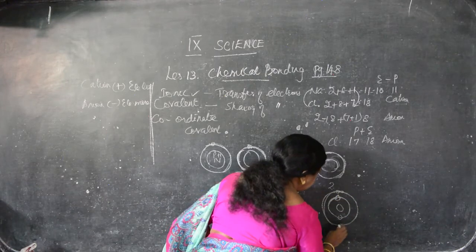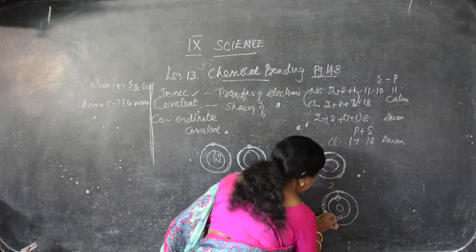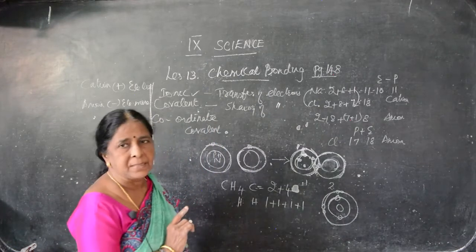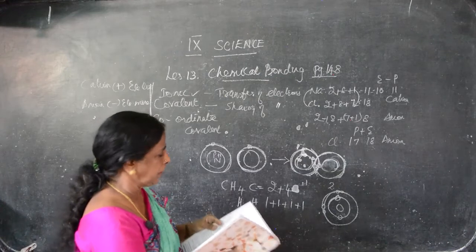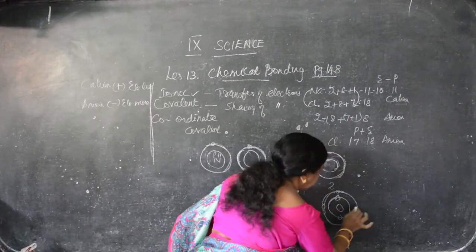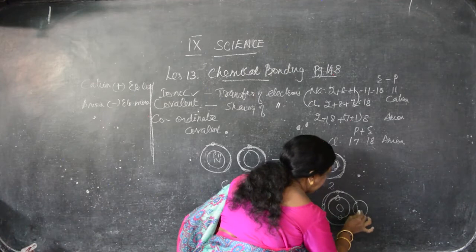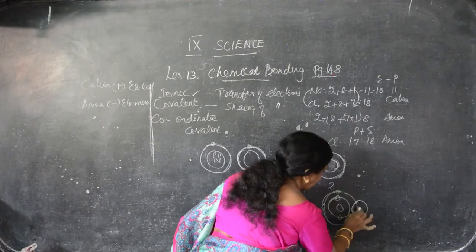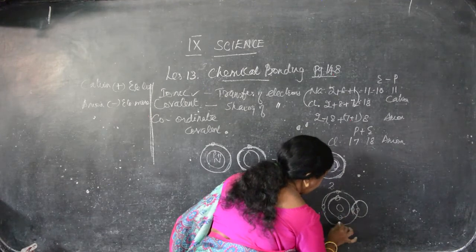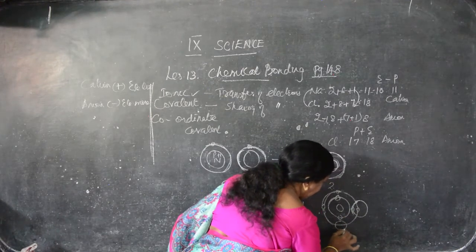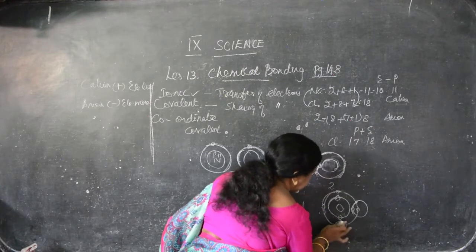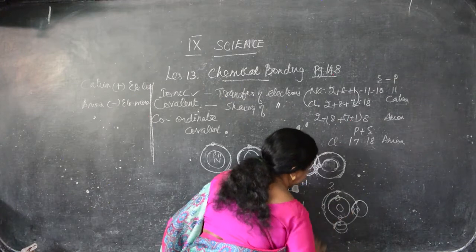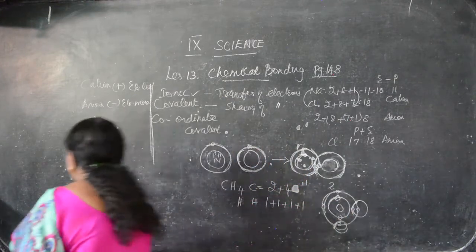To be stable, carbon needs 4 electrons. So all the hydrogen atoms combine together. Just roughly I am doing the diagram. You arrange the 4 hydrogens in 4 corners.